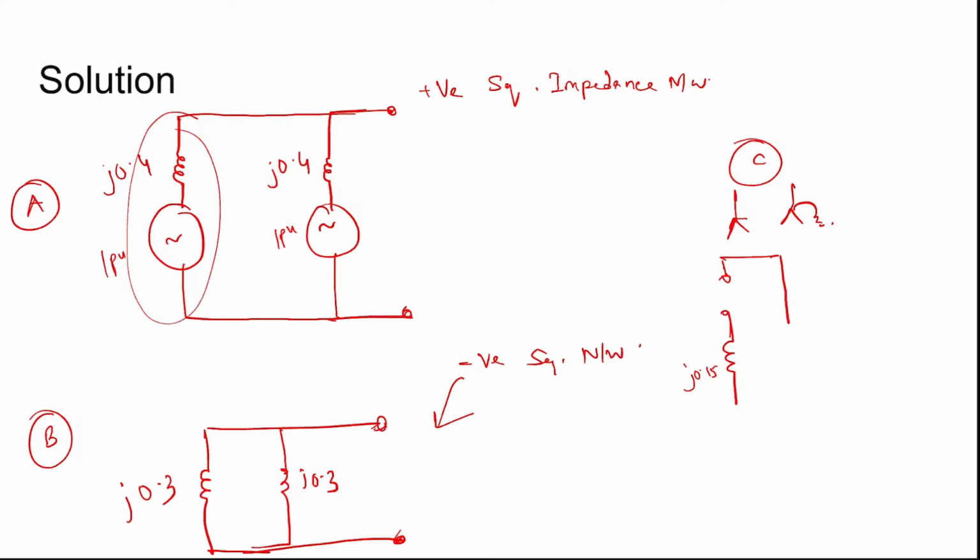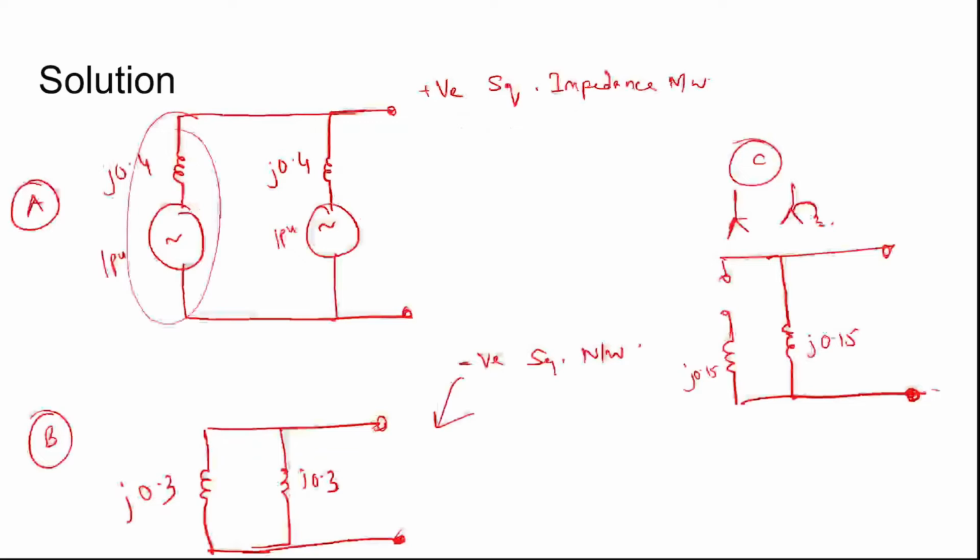The second one can be kept closed because zero sequence can flow, and this is the equivalent circuit. Now for line to ground fault, the A, B, C circuits are in series. Three circuits are shown here. Let's find the Thevenin equivalent of this.